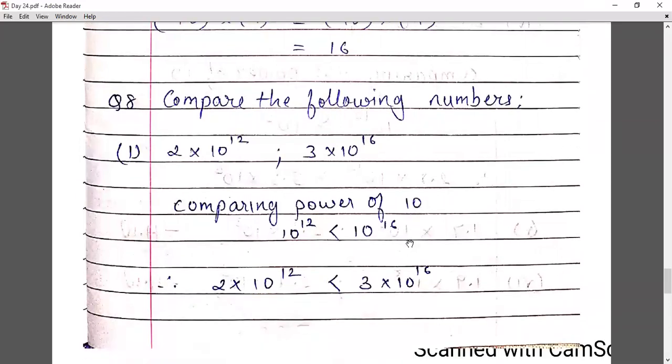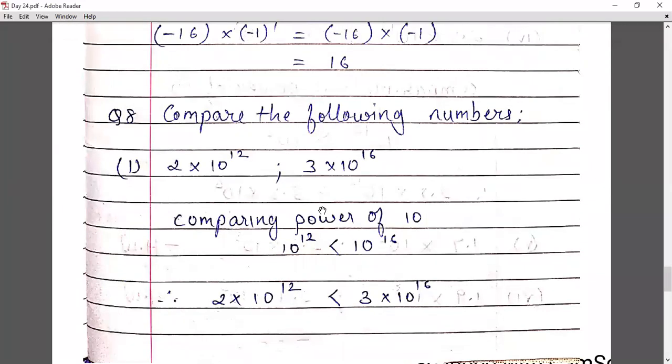Question number 8 is compare the following numbers. Part 1 is 2 into 10 to the power 12 and 3 into 10 to the power 16. For comparison, we compare the powers of 10 only when the numbers multiplied with the 10 have the same digits.